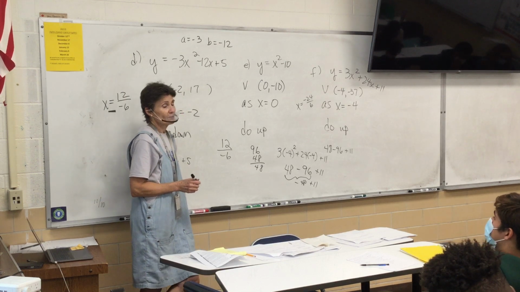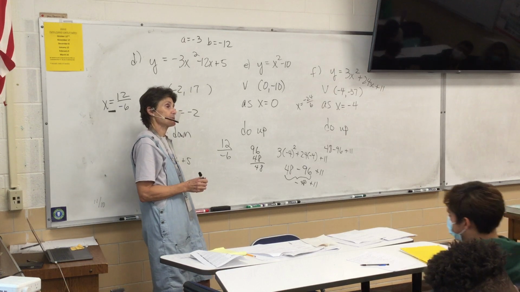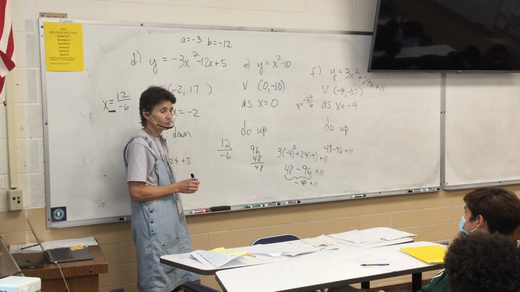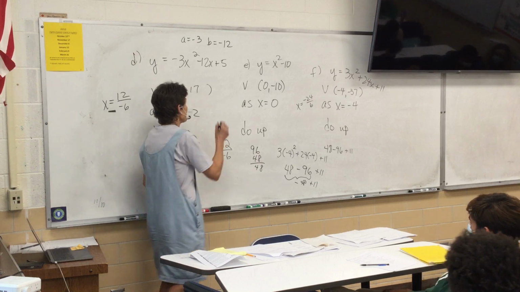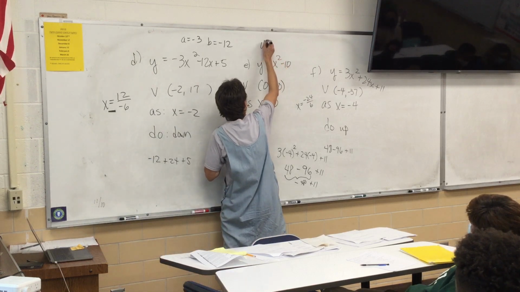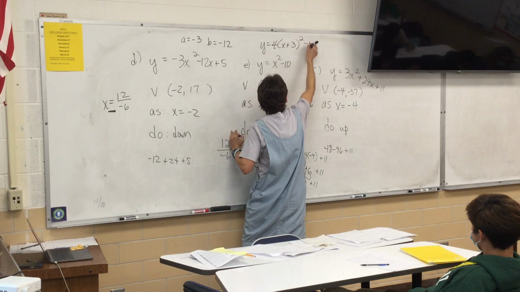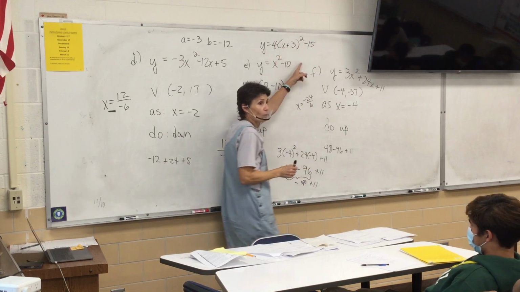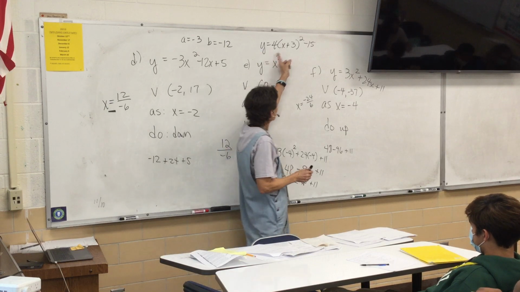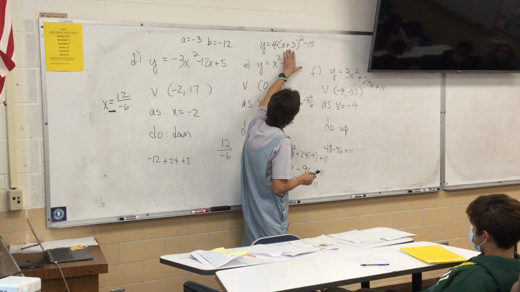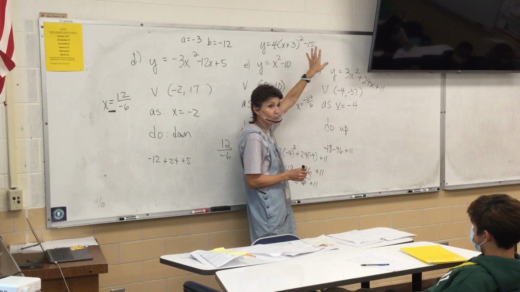So while you're finishing up and checking your answers, 2 things we've learned about parabolas here. One is, if the parabola is in vertex form, this is called vertex form, right? Because when the parabola is written like that, you can tell exactly where it's been moved.